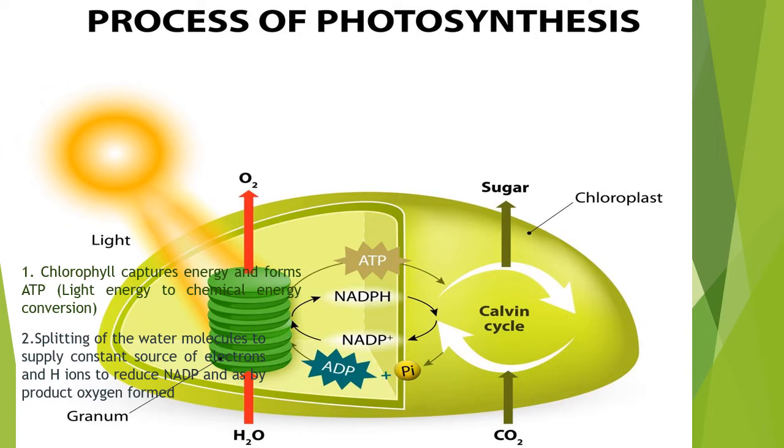So to supply the electrons, we need the splitting of the water molecules. And after splitting the water, H plus is going to reduce the NADP to form the NADPH. So ADP plus Pi means ATP, and NADPH are the assimilatory power which we need for the Calvin cycle.